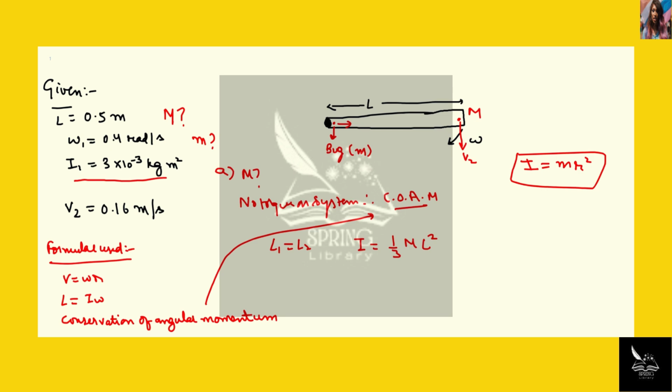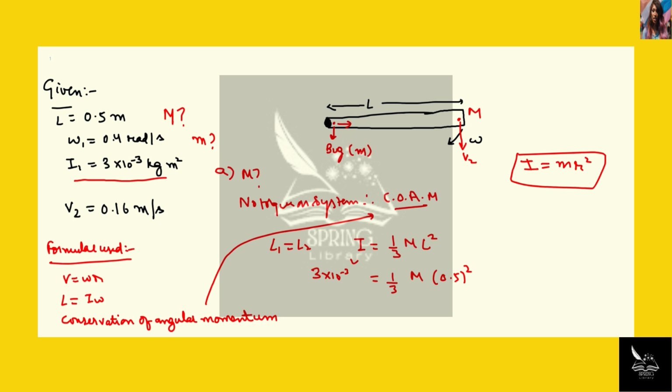We know the value of L, 0.5, and we know the moment of inertia, which is this quantity. Again, I want to point out that the moment of inertia of the bug initially is 0.